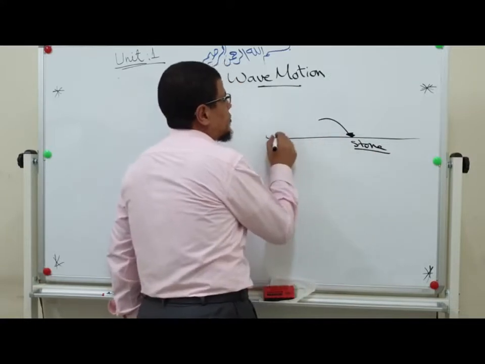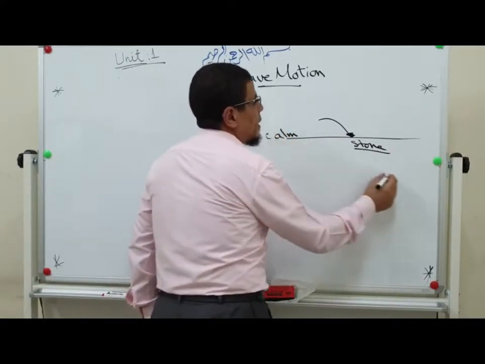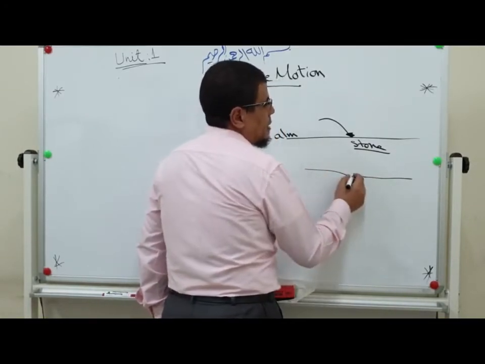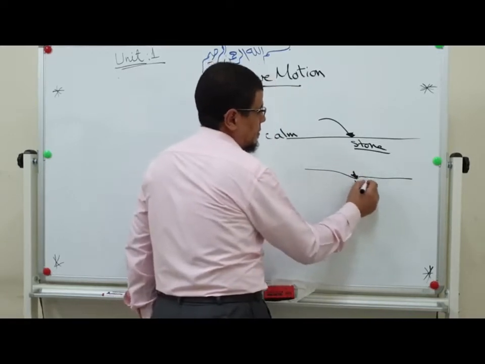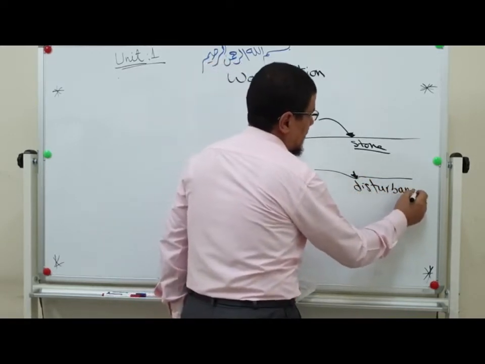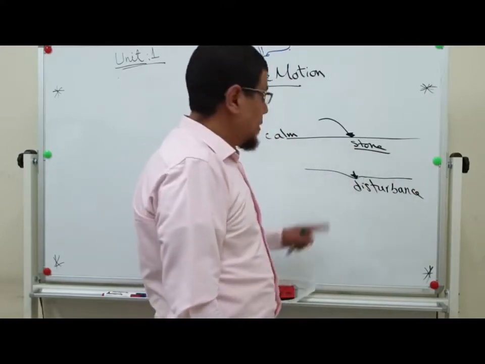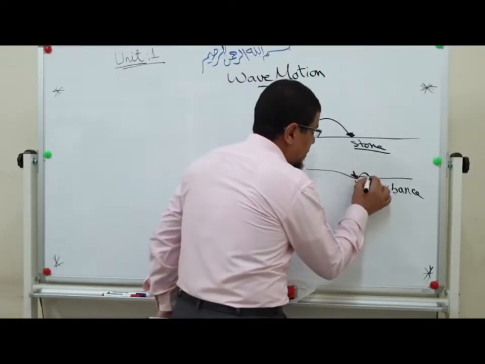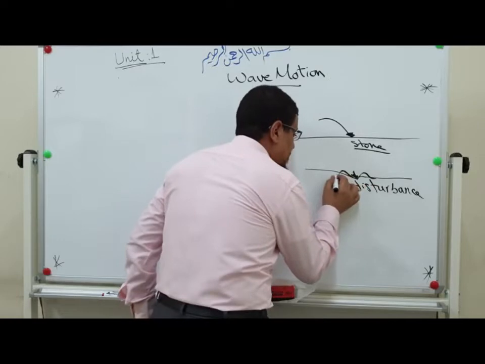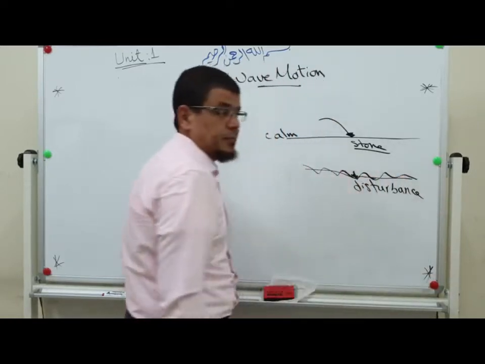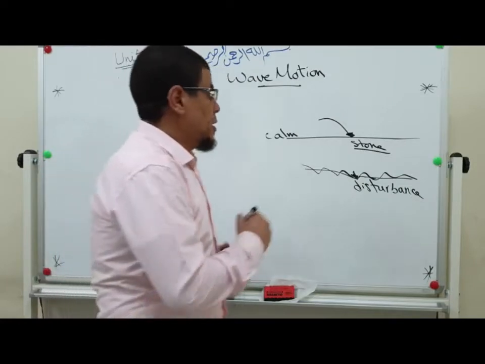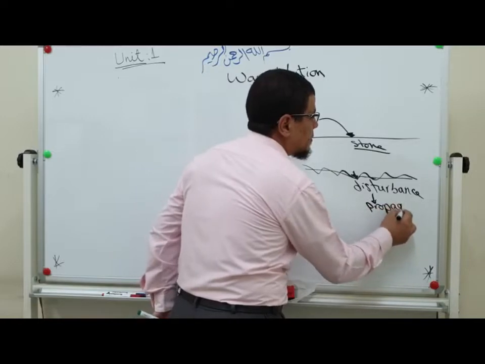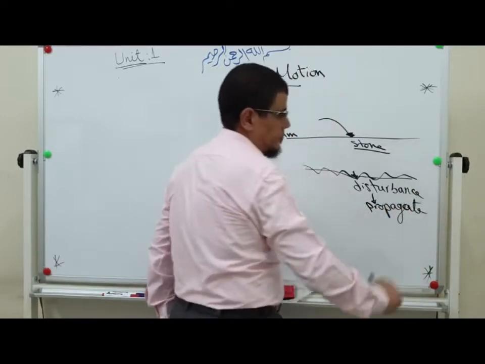This surface which was calm starts a disturbance in this place. Does this disturbance stay in its place? Of course not. It travels from this place to another place and another place and so on. Good. So we have here a disturbance that travels or propagates. Excellent.